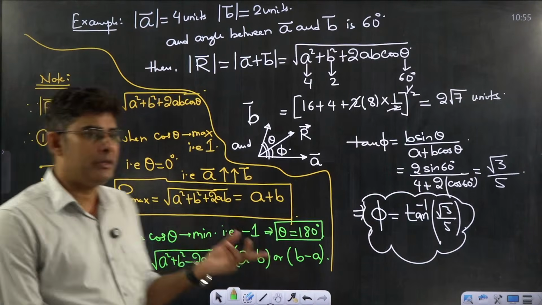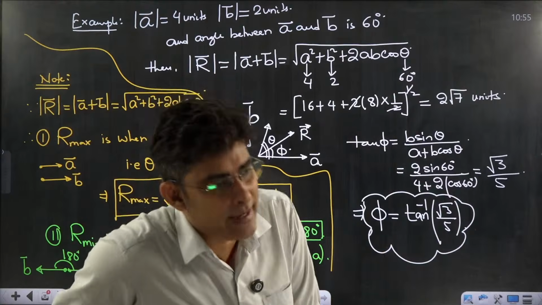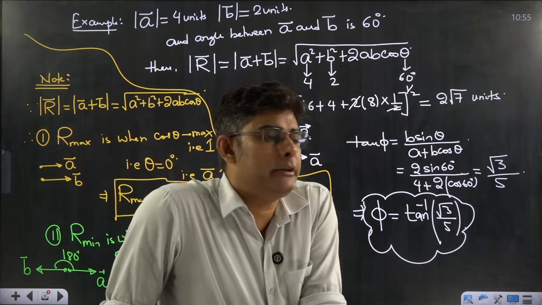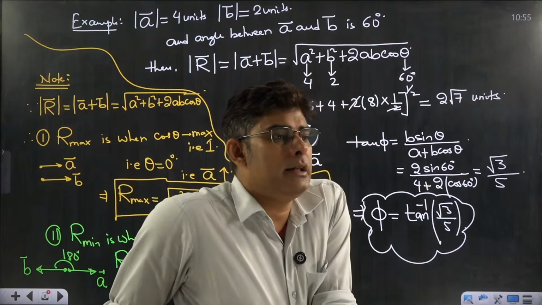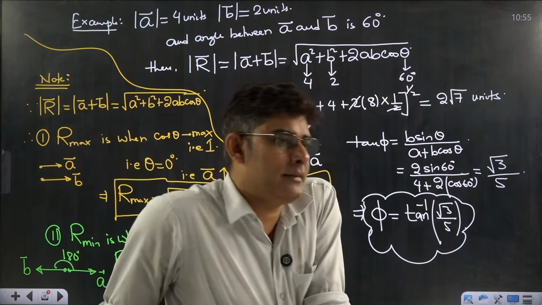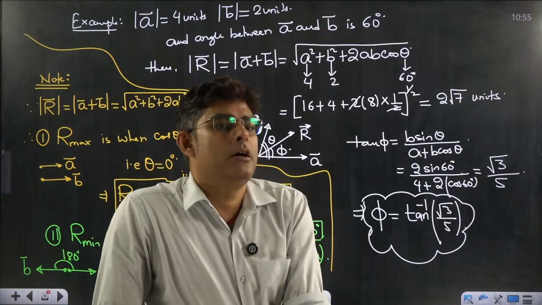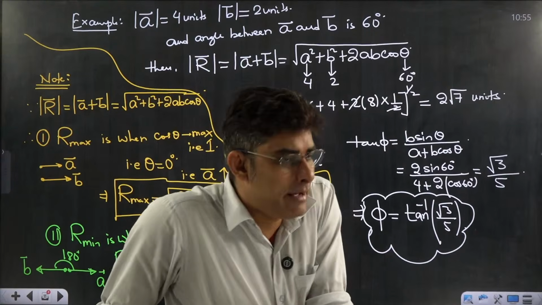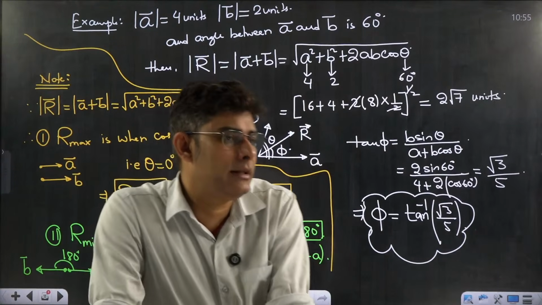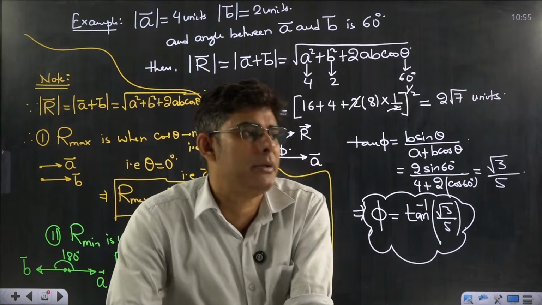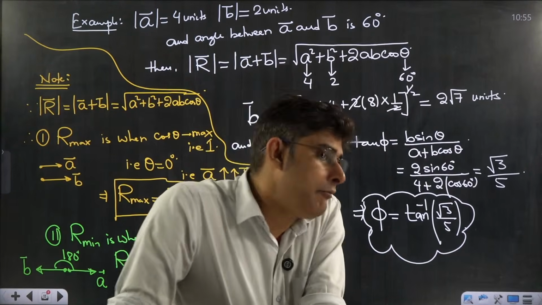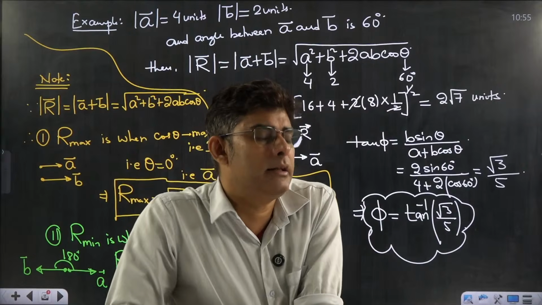So if two vectors are given, say one has a magnitude 5 and one has a magnitude 3, and they ask the range of values the resultant can have, I will say the maximum value is 5 plus 3, 8. And the minimum value is 5 minus 3, that is 2.